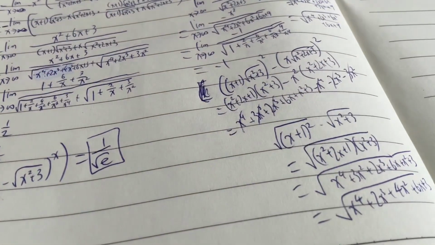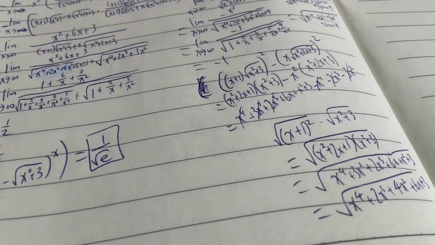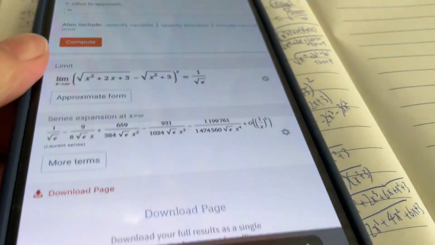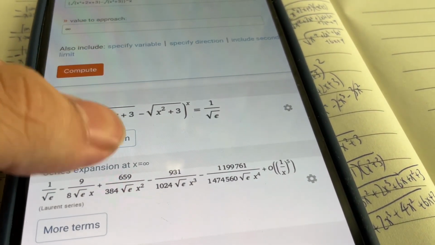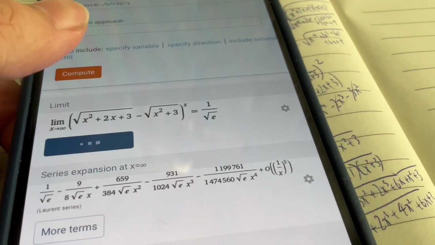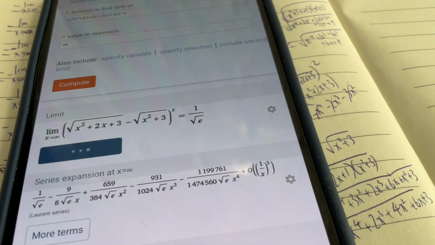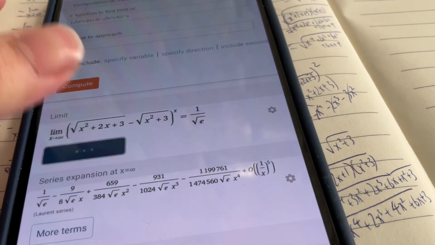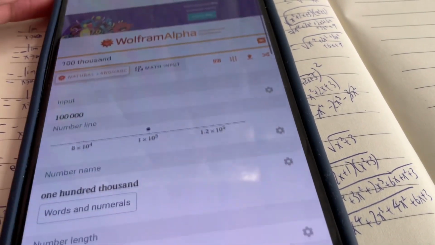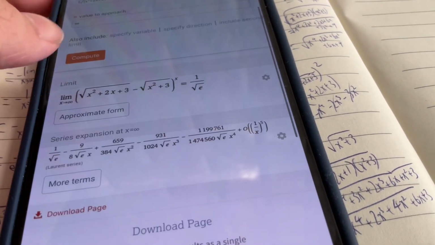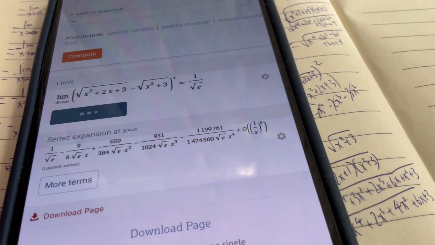Let me give you the Wolfram Alpha answer. Yes, this is the answer: 1 over square root of e. Let me figure out what the number is. Let me just use our calculator.